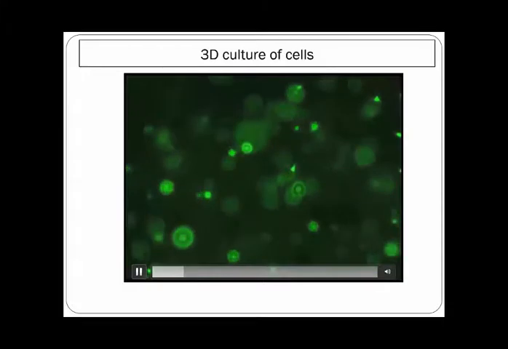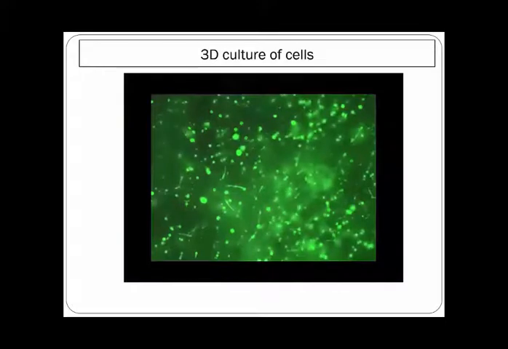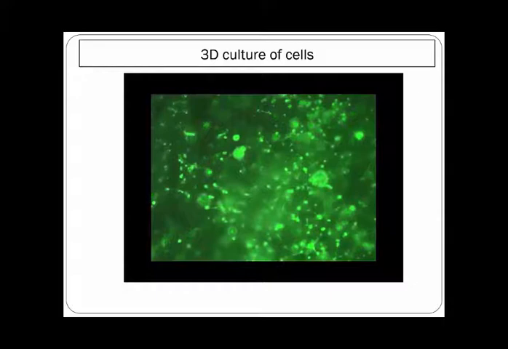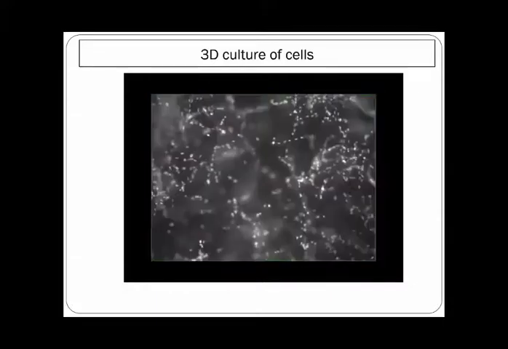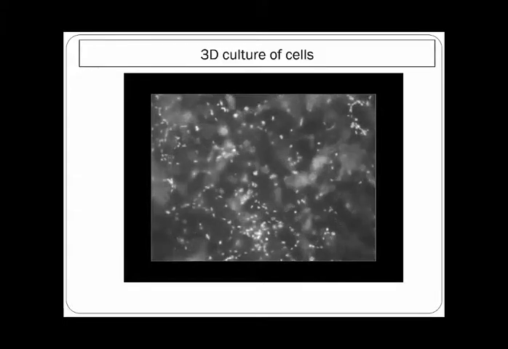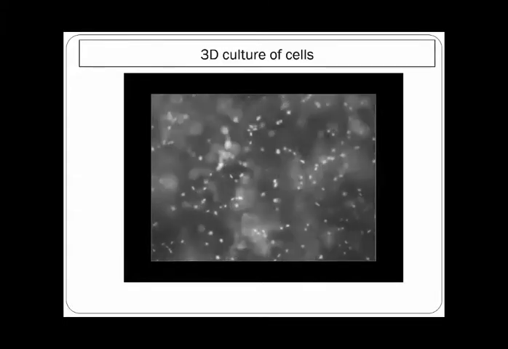So here is a fluorescent labeled cell line in a 3D culture on day 1, and then by day 9 these cells have grown, and as you can see, the cells go in and out of focus because they are dispersed in a 3D gel. This is a non-fluorescent cell, but then tagged with a nuclear stain and imaged using the fluorescent microscope.